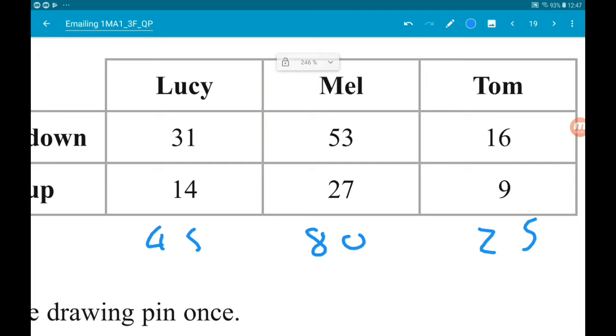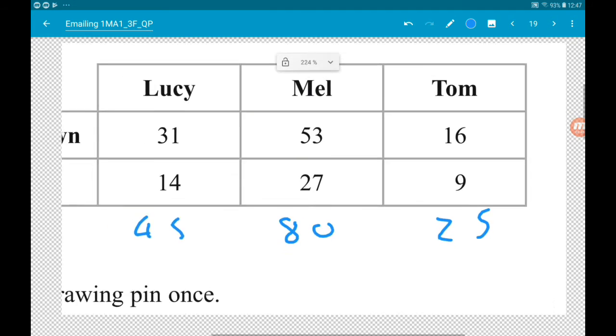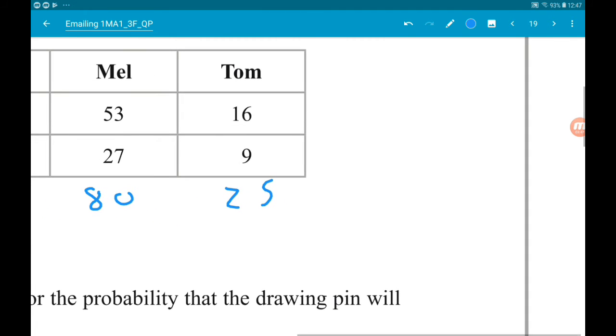So 31 add 53 is 84, add 16 is 100, and that means the number of times it landed point up has to be 50.